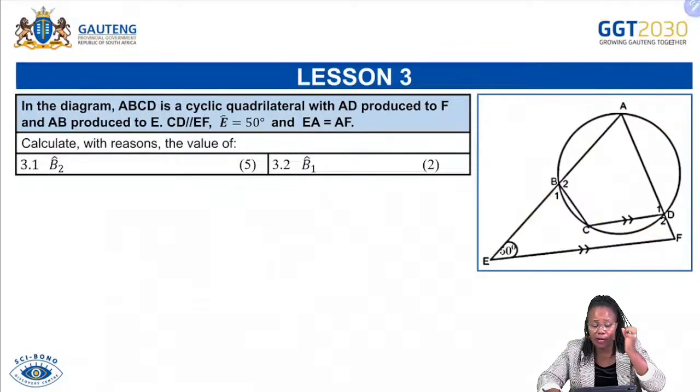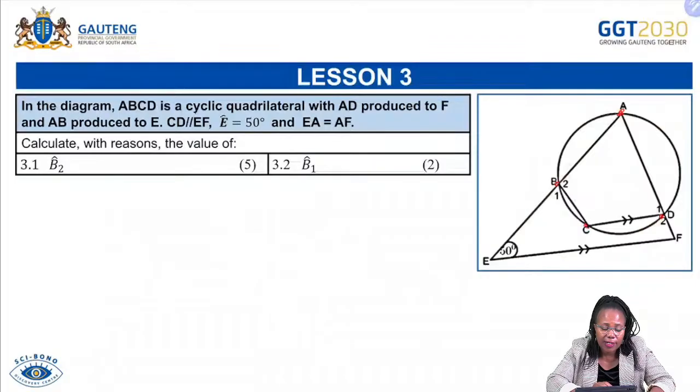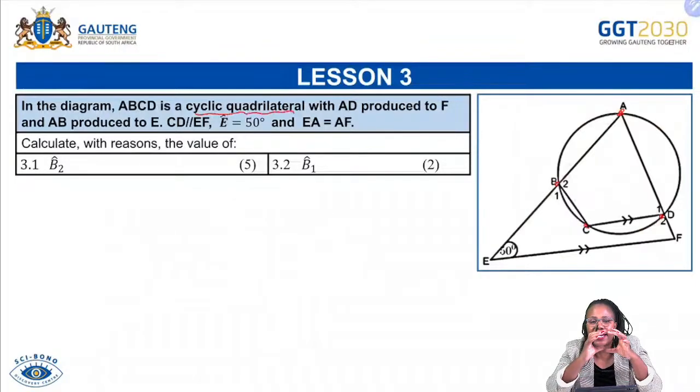Okay, the next question: in the diagram, ABCD is a cyclic quadrilateral. It's a quadrilateral inside the circle. A quadrilateral is a four-sided figure. A cyclic quad is a quadrilateral inside the circle.